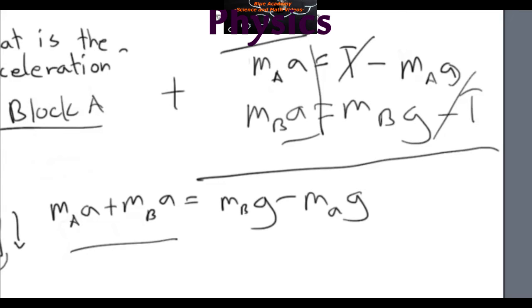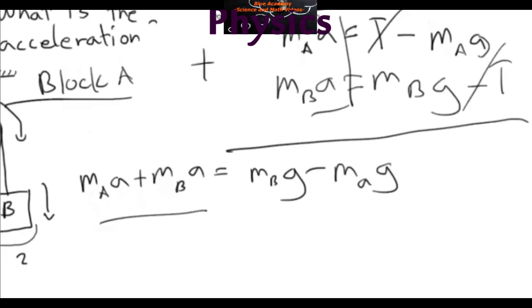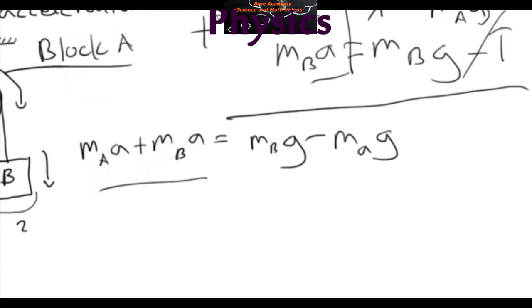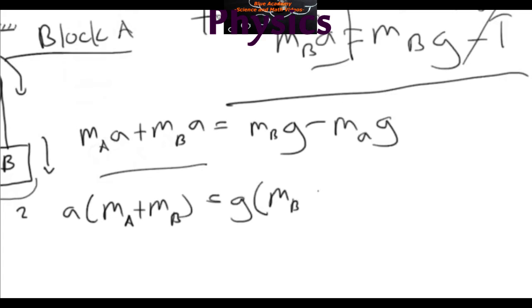Note that we can factor out the gravity and the acceleration, and in that way we can isolate the acceleration from the entire equation. So with a few algebraic manipulations, we have a times (m_a plus m_b) equals g times (m_b minus m_a).